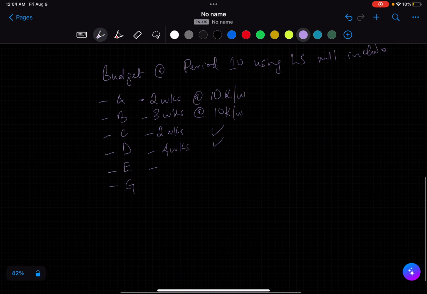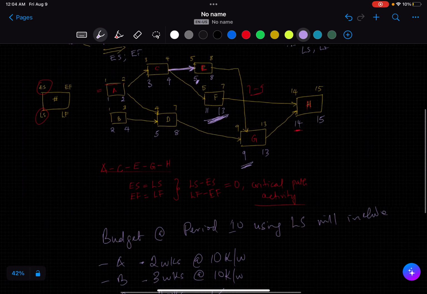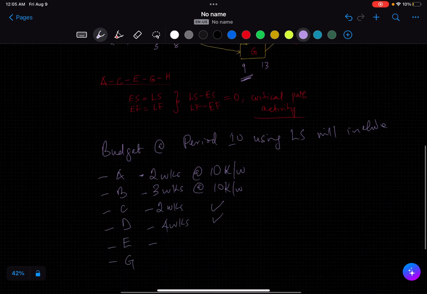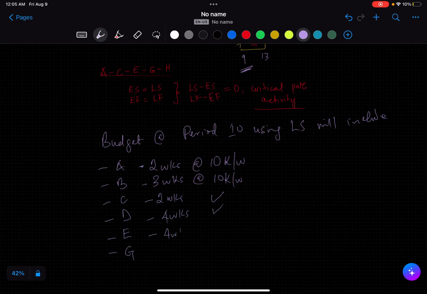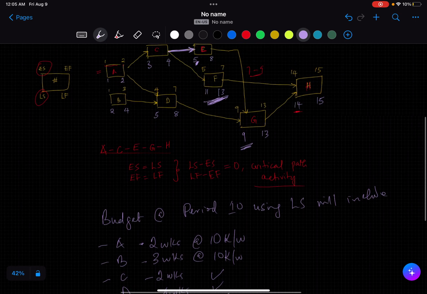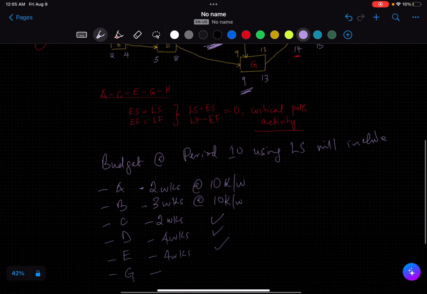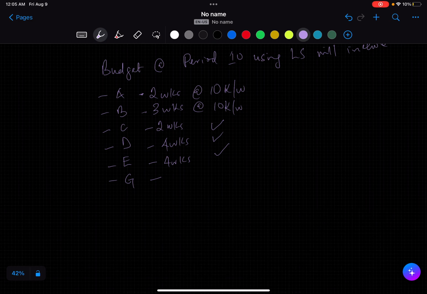E is 4 weeks, again at 10k per week. And G starts week 9 and goes on until week 13. If we are looking at period 10, that's week 10, so we'll be looking at just 2 weeks. It starts at week 9, then we take week 10. Remember, week 10 is the cutoff. Again at 10k per week.